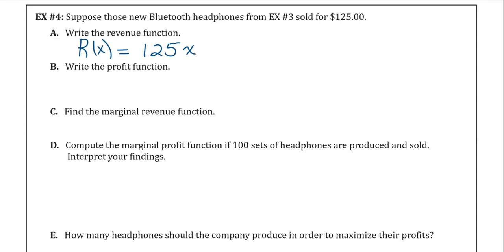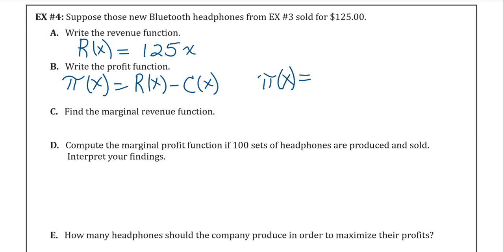So the profit function is going to be, from on the front page, pi of x is our revenue minus our costs. So in this case, our pi of x is going to be 120x minus our cost function, which is 1500 plus 50x plus 0.01x squared.